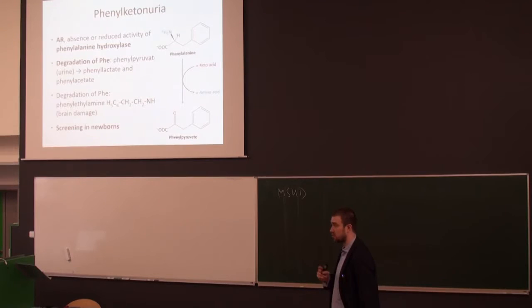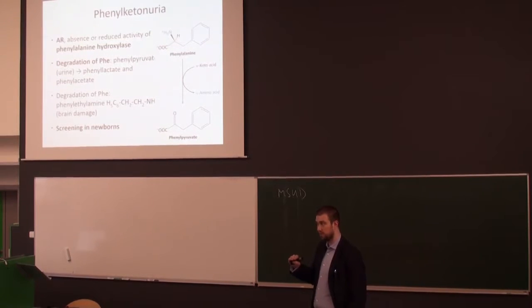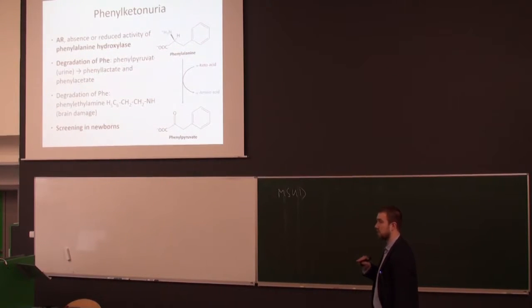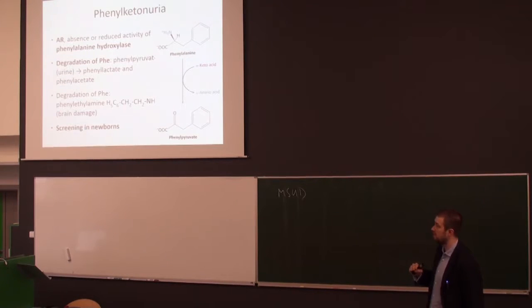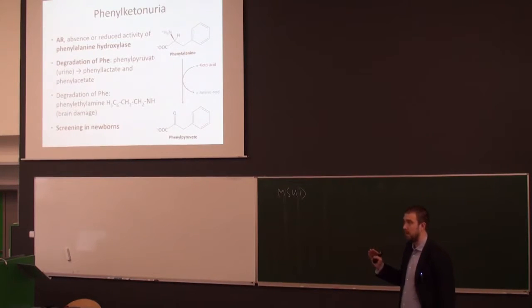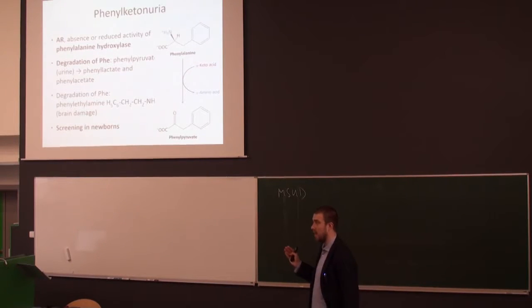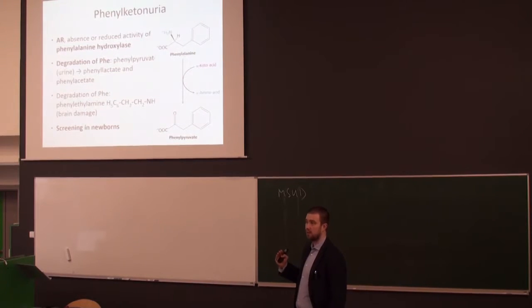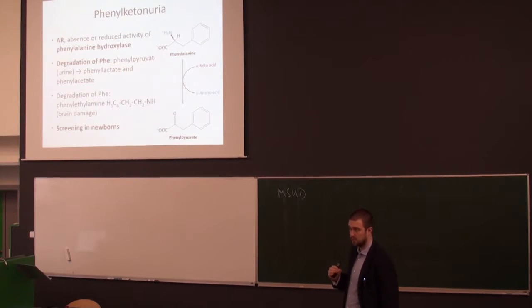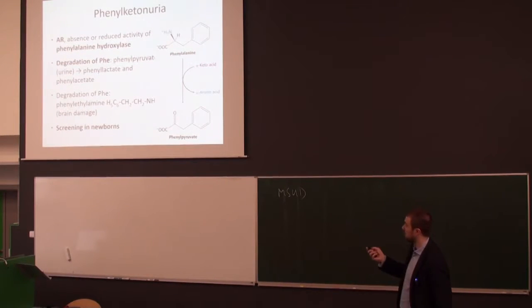Phenylketonuria is screened in all our newborns, and the reason for this is that if you have a defective enzyme, the phenylalanine cannot be converted to tyrosine, and it will look for alternative pathways for how it can be metabolized. One pathway you have here is the production of phenylpyruvate from phenylalanine.